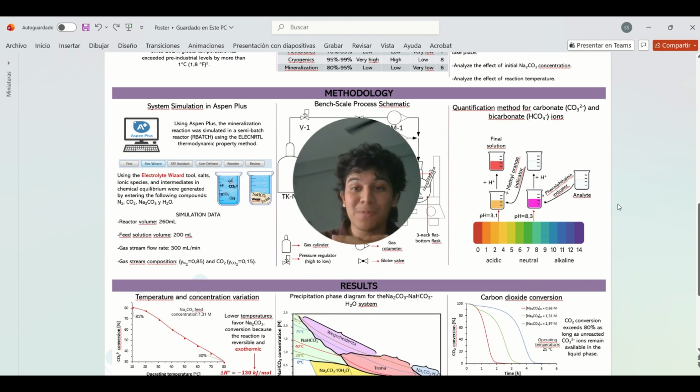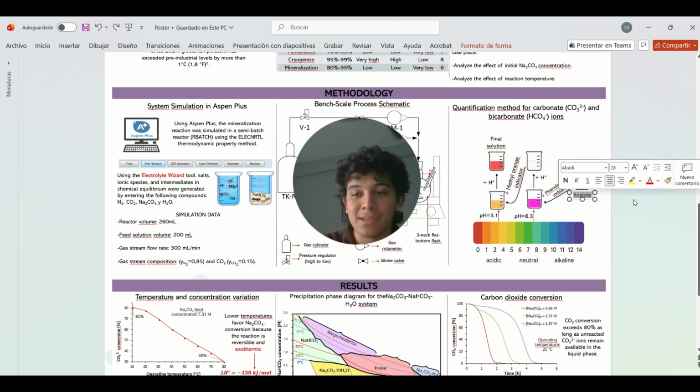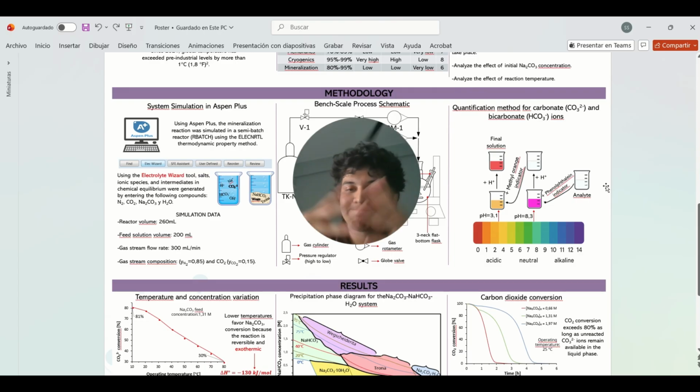Another important topic for this investigation is the quantification method for carbonate and bicarbonate ions. This is a titration. I have an analyte and I don't know the concentration of carbonate and bicarbonate.